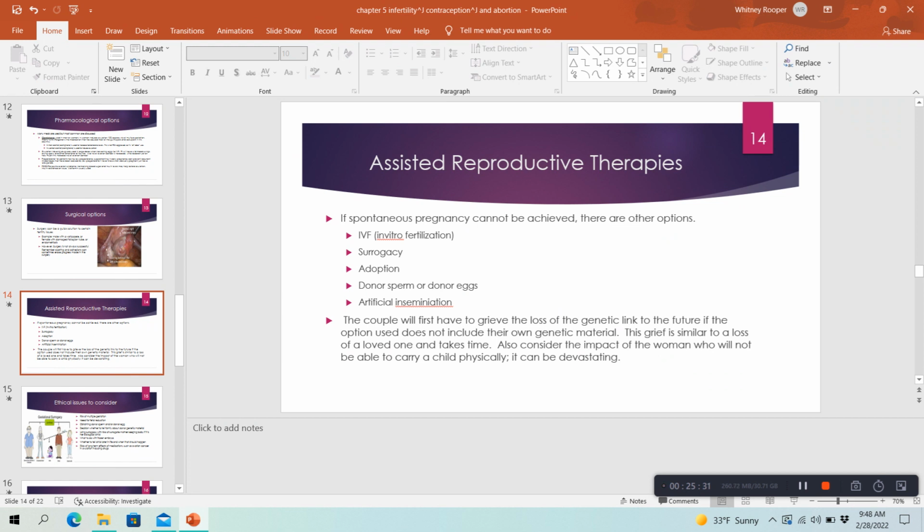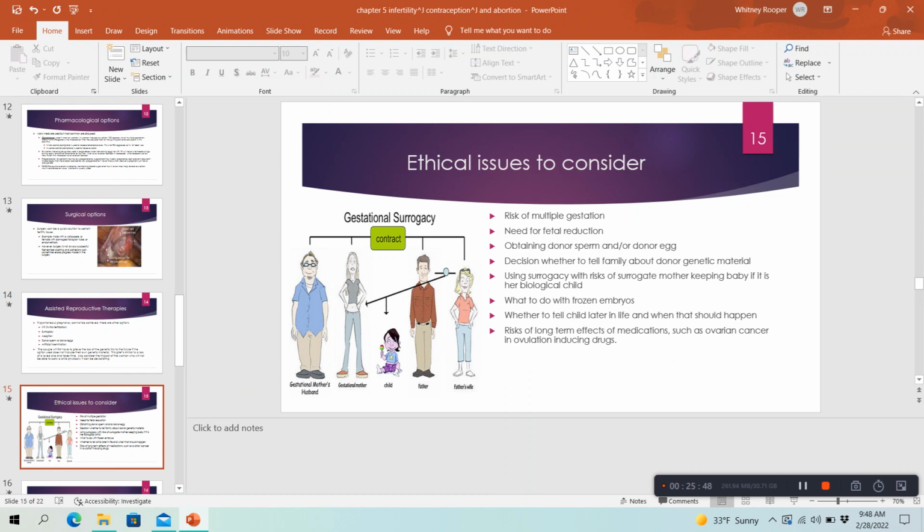There's all kinds of ethical things that go along with that. We really haven't ironed it all out yet, how it all works out. In some cases it works out well, in some cases it doesn't. So we're going to talk about some of that.